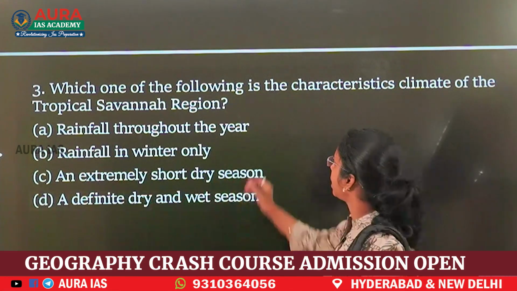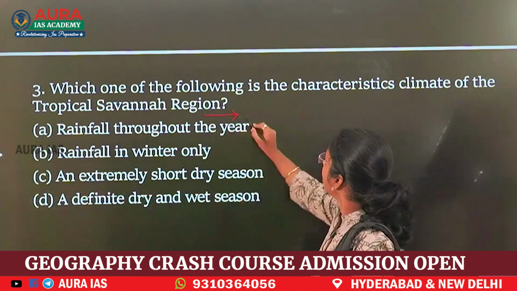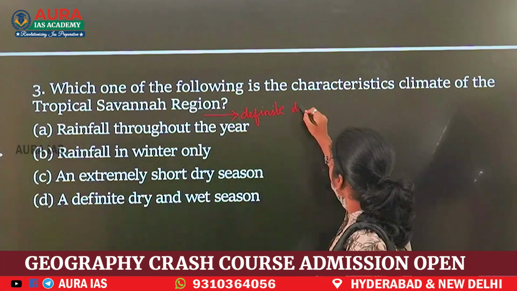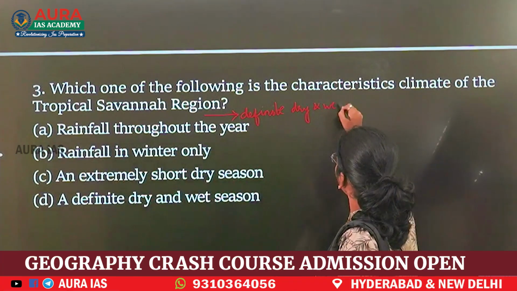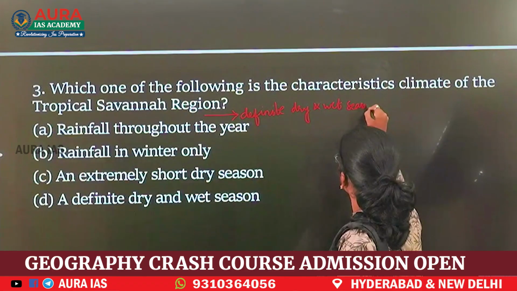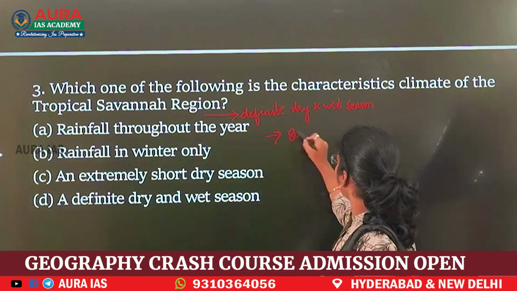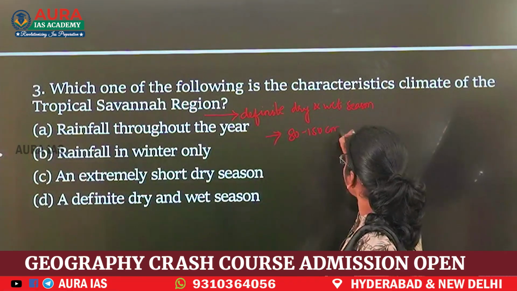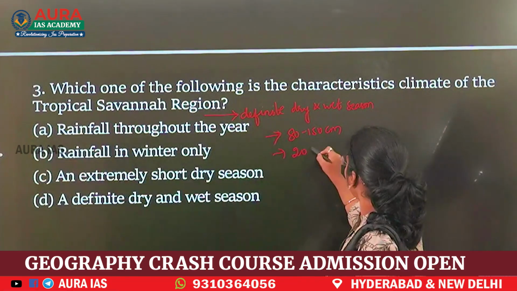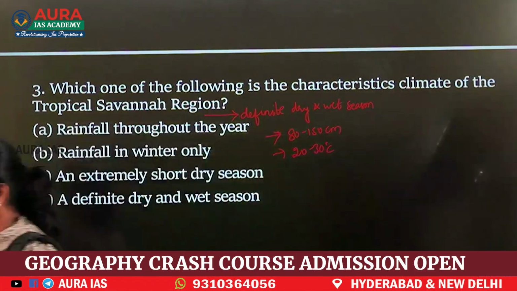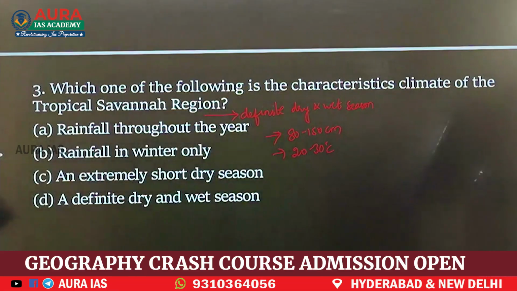In tropical savanna region, you see definite dry and wet season, and here rainfall is between 80 to 150 centimeters and 20 to 30 degrees of temperature.